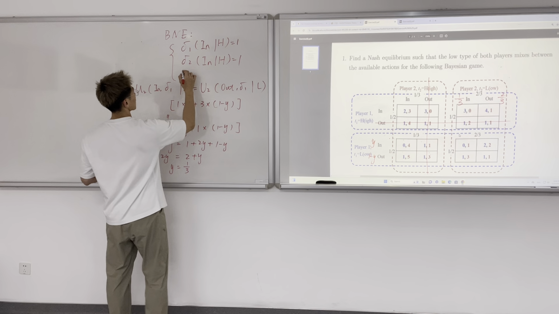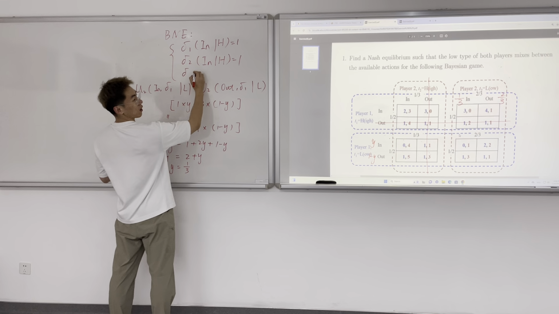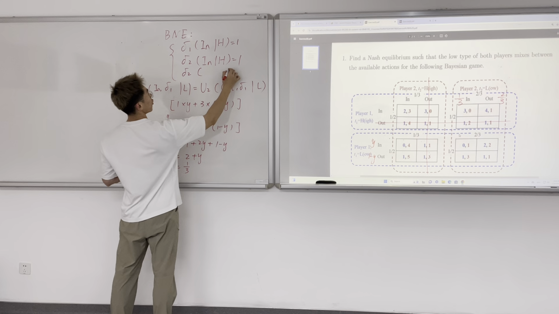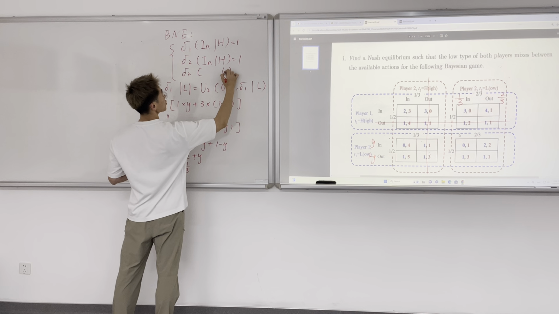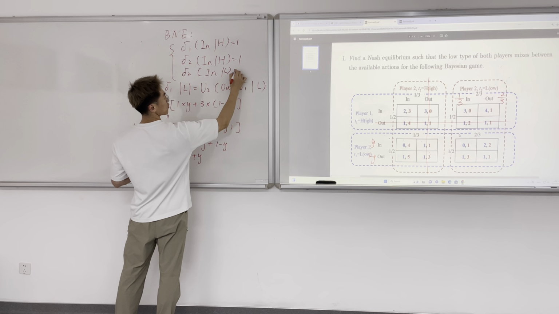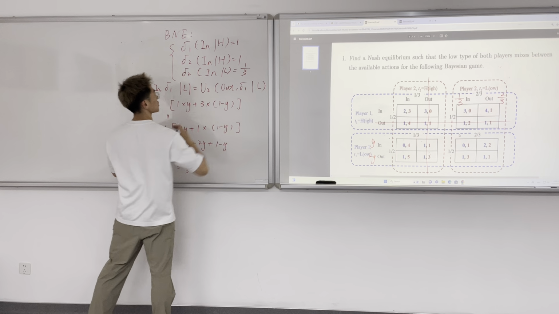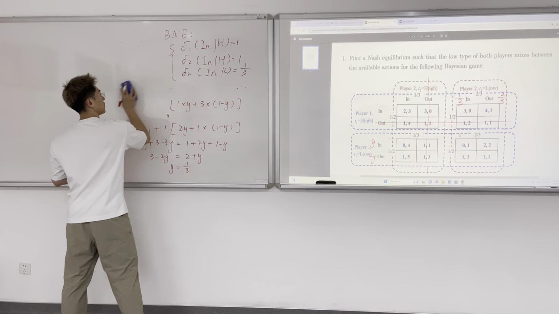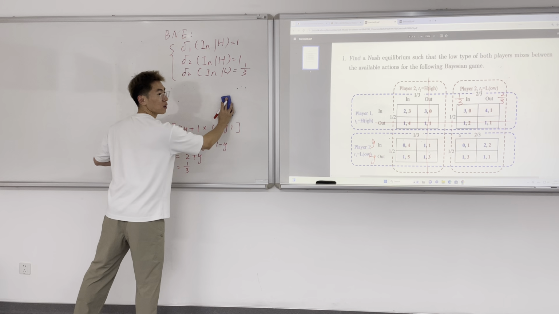And we can write here the possibility of player 2 who is of low type, for her to play in equals to 1/3. So we just lost the possibility of y, right?